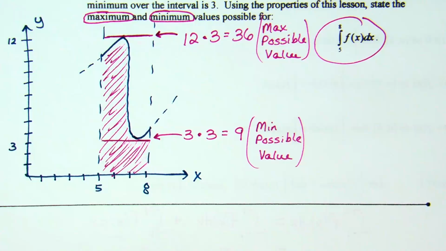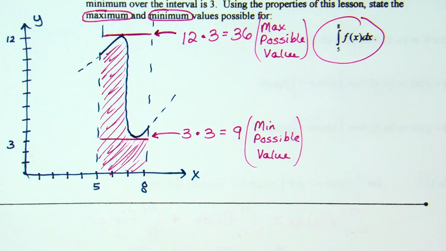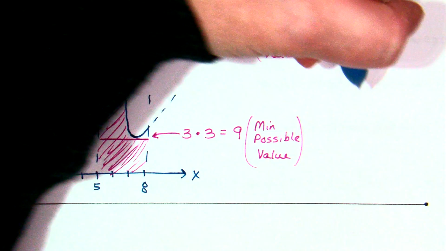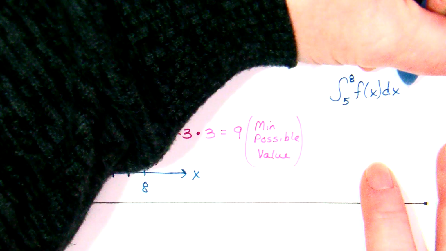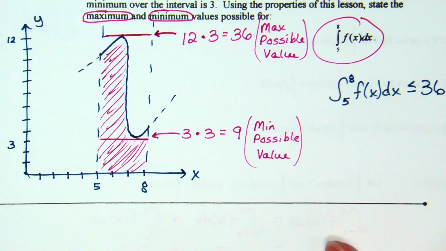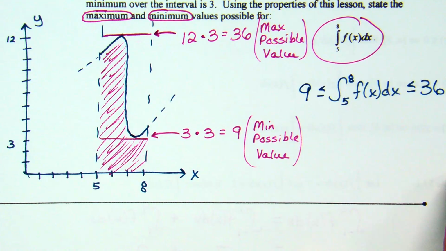So the idea going along with, again, area under a curve is what an integral is defined as. If I write this a little fancy, maximum and minimum values, what we're saying is the integral from 5 to 8 of f of x dx has to be less than 36 and greater than 9.